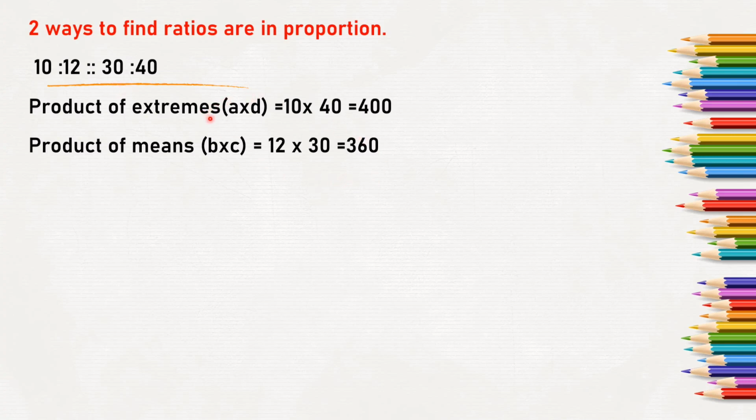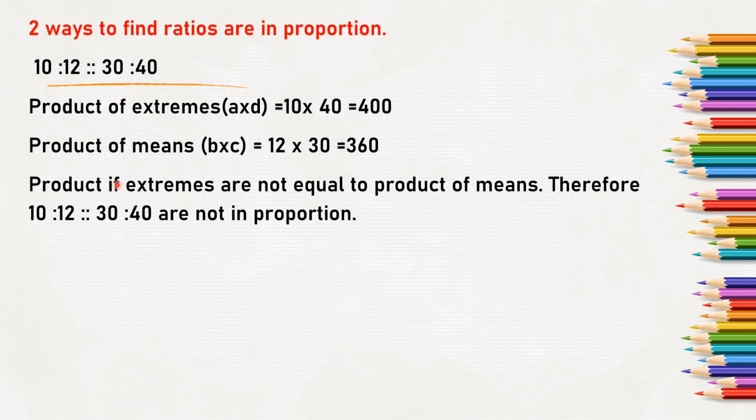Now the product of extremes is not equal to the product of means. Therefore, 10 is to 12 is not proportionate to 30 is to 40. They are not in proportion.